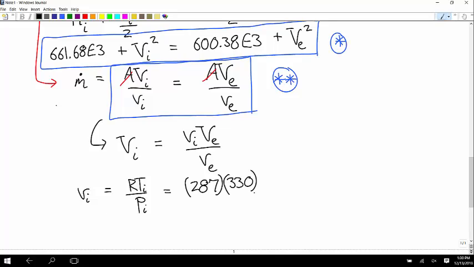That's the temperature, divided by the pressure, which is 600 kilopascals. So if we're using SI units, so 600 times 10 to the third pascals. And someone else is going to have to calculate that because I have Nick's calculator now.